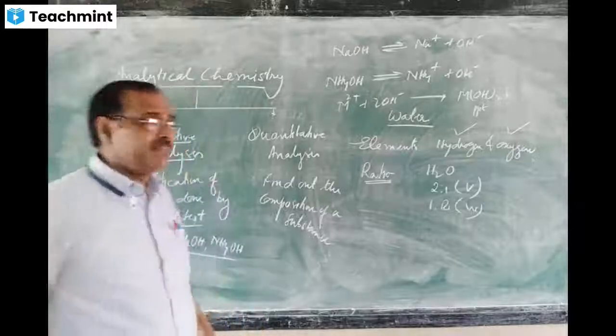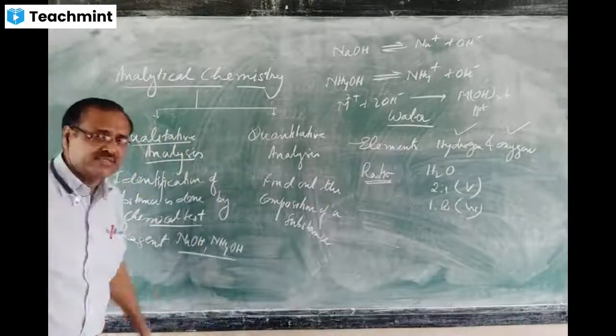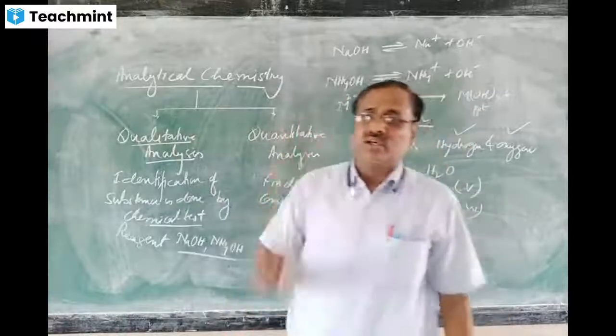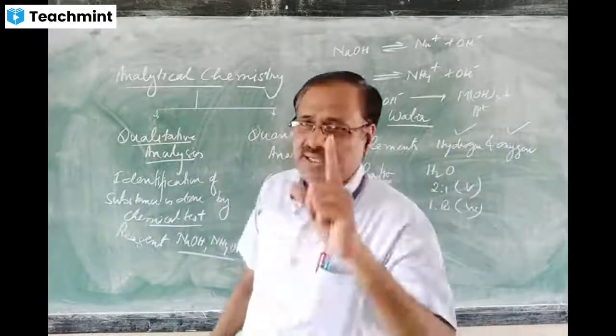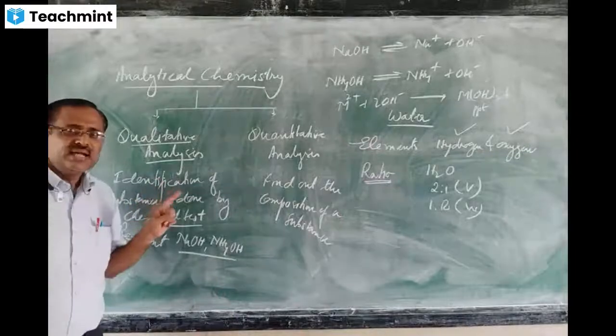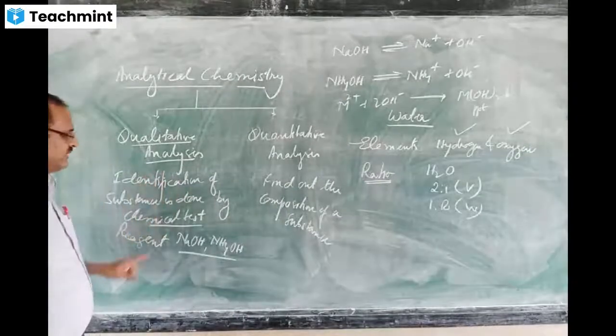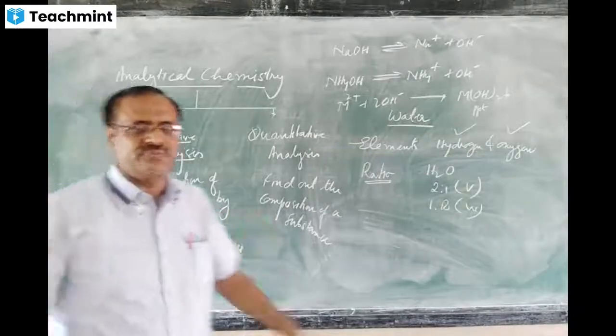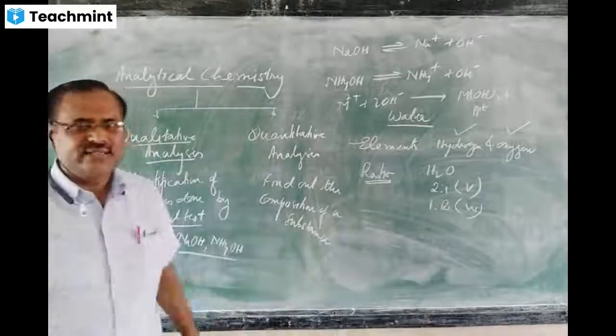So up to 10+2, you have to study only qualitative analysis. In qualitative analysis you will recognize which cations are present, and how you can recognize. For that purpose, you will take a salt solution like zinc sulfate, copper sulfate, magnesium sulfate, any salt solution.